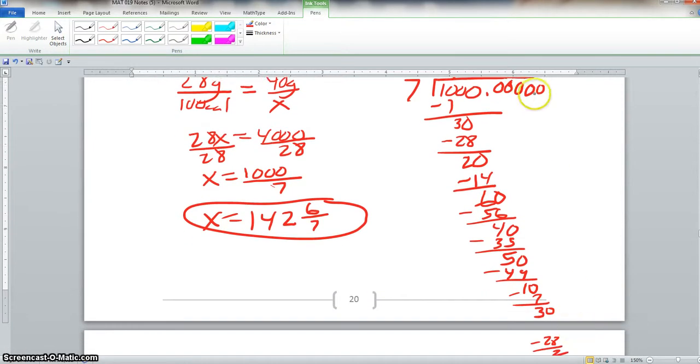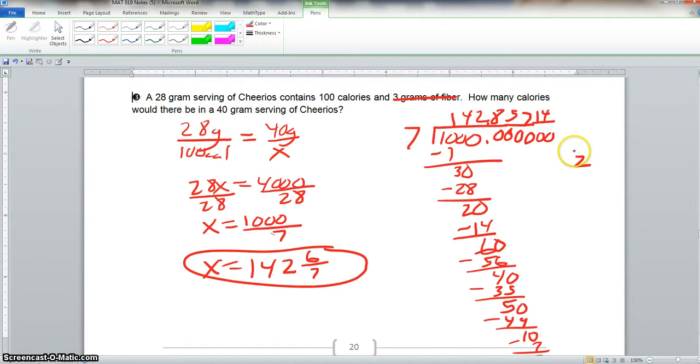This 2, I'm going to bring it up here, and I'm going to add a 0. And we know that would be 20. 7 will go into 20 twice. 2 times 7 is 14. We add a 0. This would be 60. 7 goes into 60 eight times.